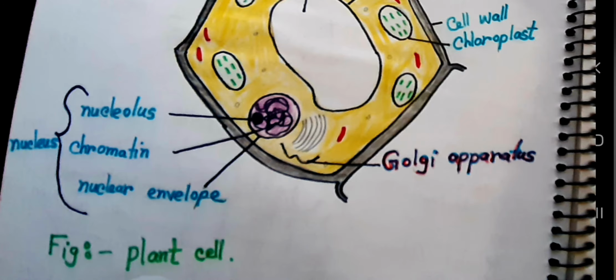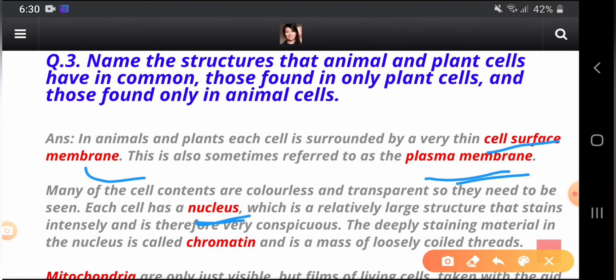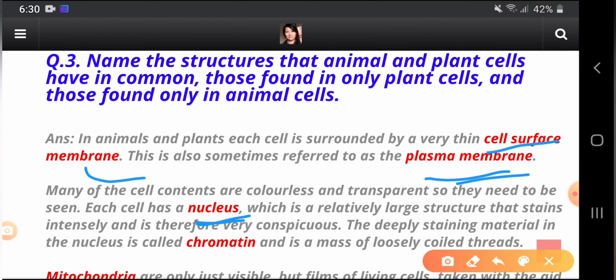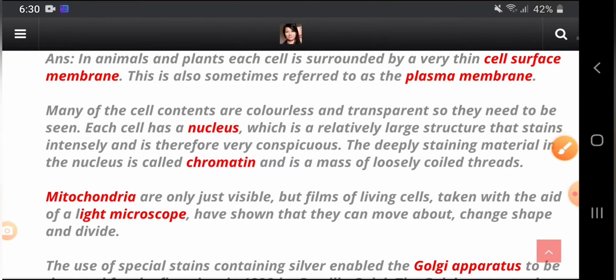Each cell has a nucleus, which is very important. It is a relatively large structure that stains intensely, and the deeply staining material in it is very conspicuous. This material is called chromatin and is a mass of loosely coiled threads.